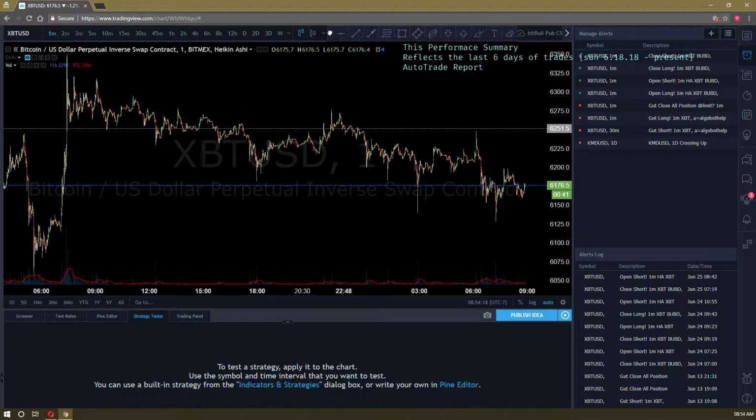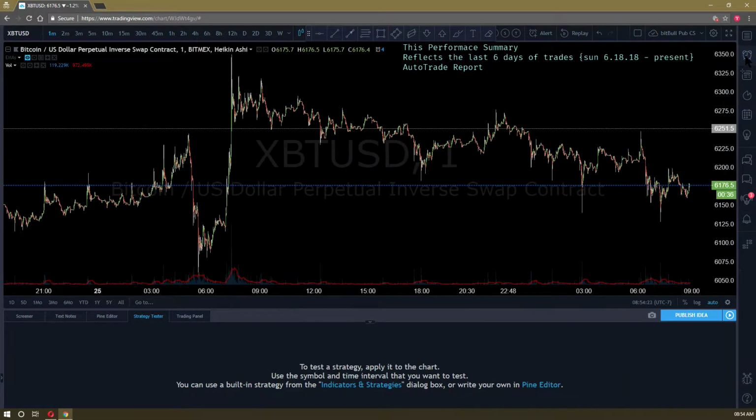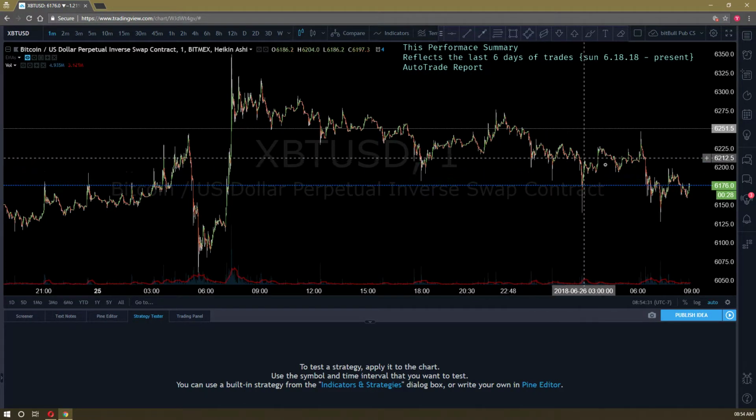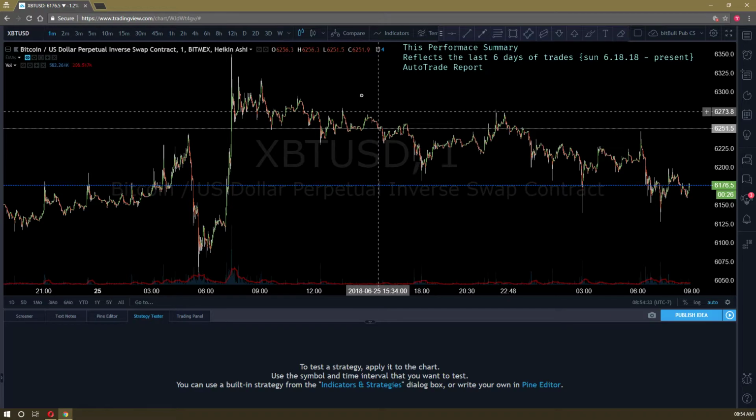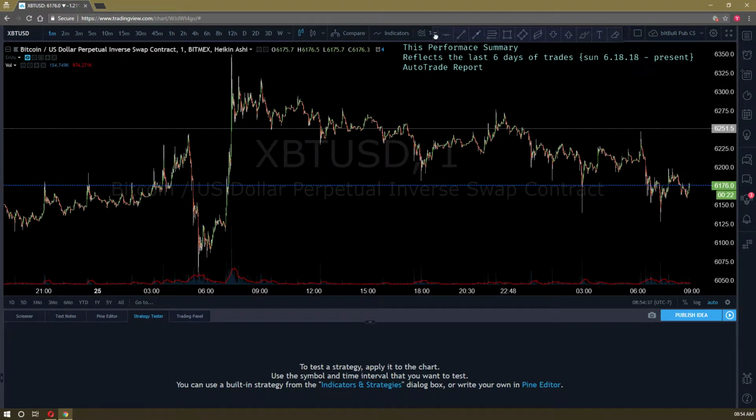I can take your strategy, but beware of strategies that repaint on TradingView, because they're garbage. They show 100% and they repaint. It basically reorganizes where the strategy placed trades every time you log in or refresh the screen.